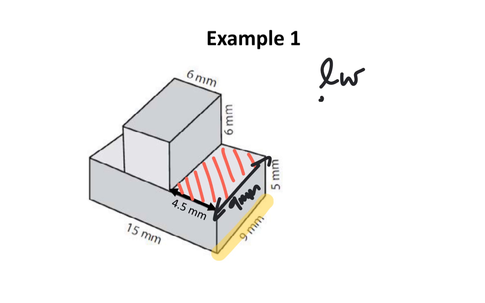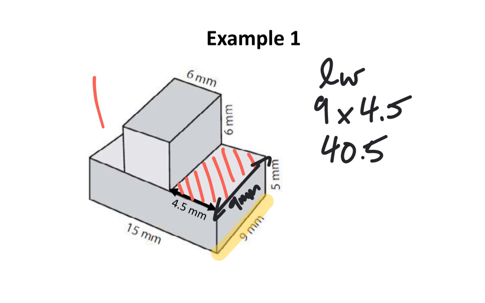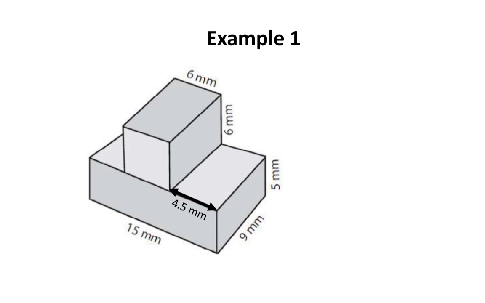The length here is 9, while the width here is 4.5. 9 times 4.5 is 40.5. However, this face is duplicated on the other side of the composite figure. Therefore, we can take this 40.5 and multiply it by 2, and that would give us 81 millimeters squared.